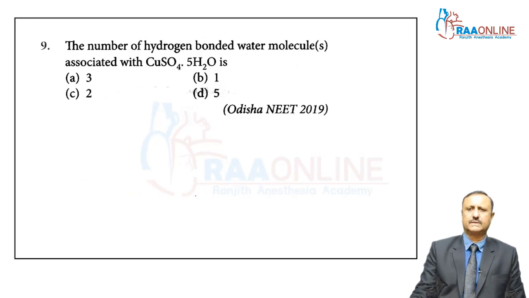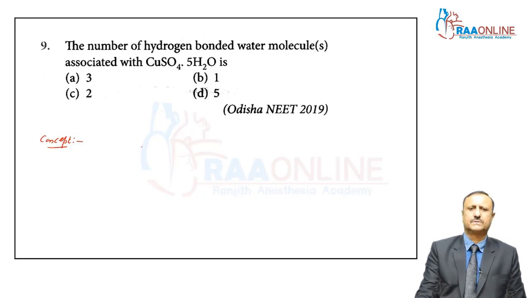This question was also asked in NEET 2019. Here, my dear students, we can see the concept. The number of hydrogen bonded water molecules associated with CuSO4·5H2O. Here you can see the number of hydrogen bonded water molecules.